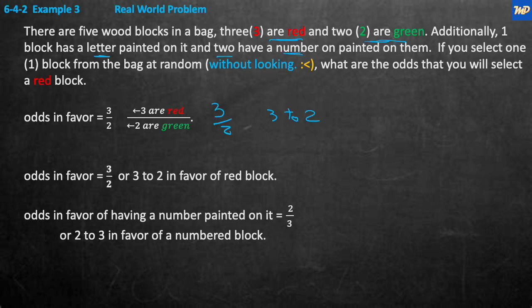How many blocks are there? There's 5 altogether. So the favorable event is 2 with the numbers, and 3 don't have numbers on them. So in this case, the odds are 2 to 3 in favor of a numbered block.